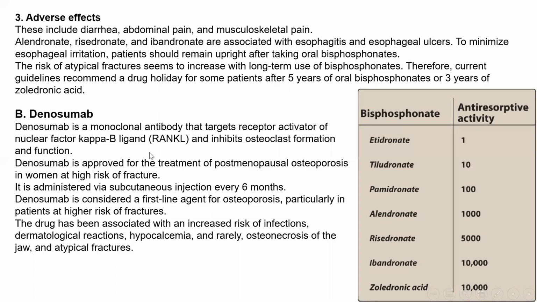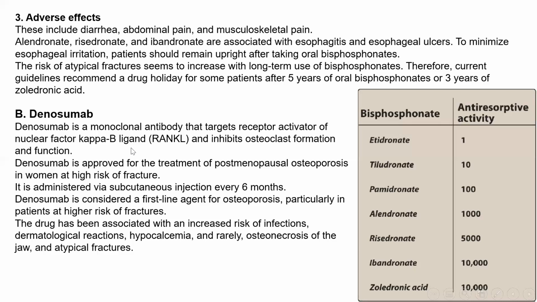Then we have denosumab, and denosumab is a monoclonal antibody. This drug is targeting the nuclear factor kappa B ligand.